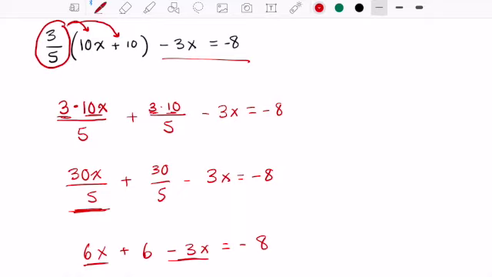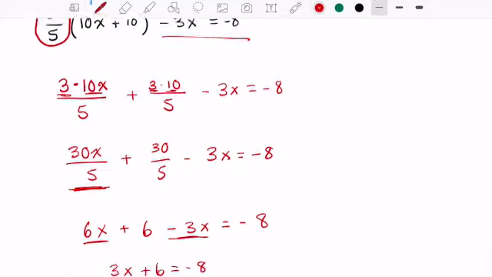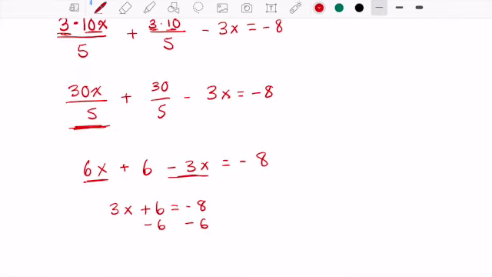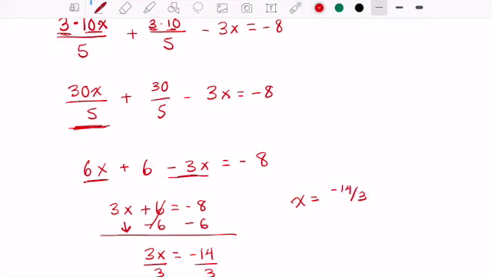I'm going to subtract 6 from both sides. And we are going to simplify that. Bring my 3x down. That gives me negative 14. Divide by 3, and I get x equals negative 14 thirds.